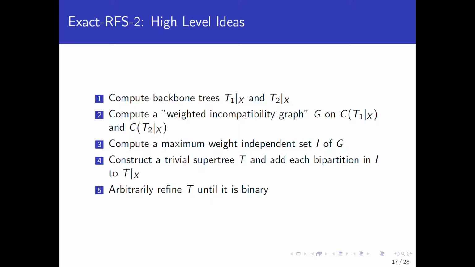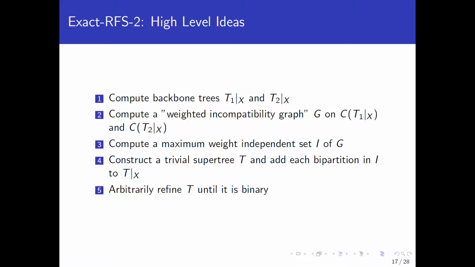Next, we compute a maximum weight independent set on this weighted incompatibility graph. So this max weight independent set would represent a max weight set of compatible bipartitions from the backbone trees. Next, we construct a trivial supertree T and then add each bipartition from this independent set to the backbone of this supertree. At this point, if the supertree is not binary, then we arbitrarily refine T until it is binary.